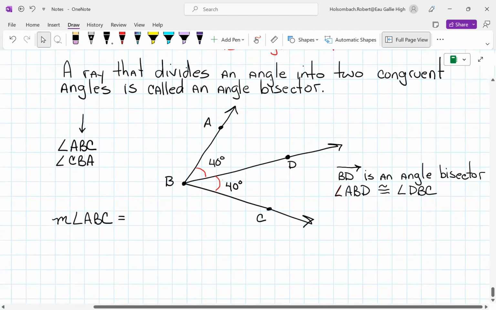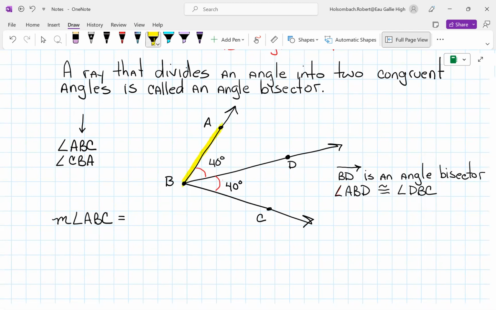Exactly. He said 80 degrees, because this big yellow angle that we drew initially would be the sum of the two smaller angles that make it up. So the measure of angle ABC would be 80 degrees.